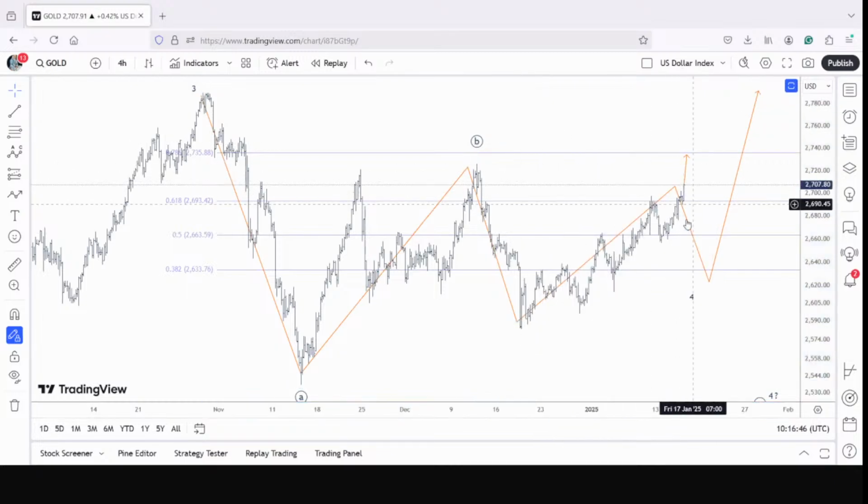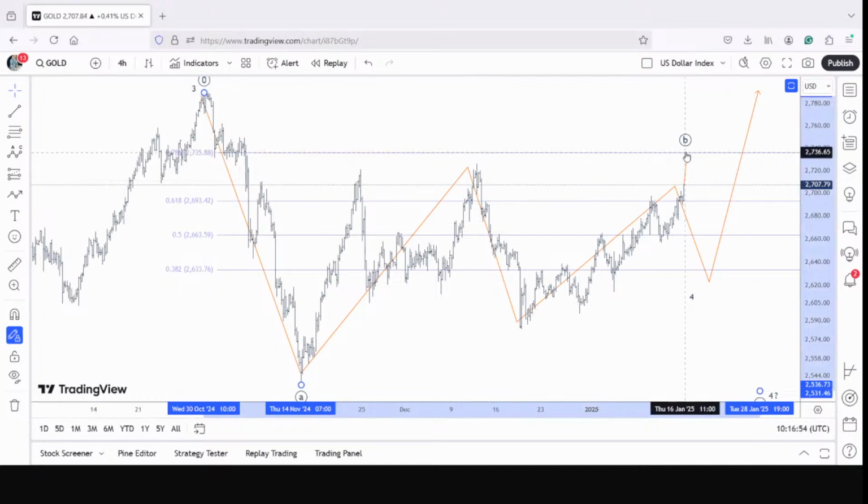So what I was saying was, if it pushes through the 2730 mark, then minute B would be labeled here. And in that case, it won't be the expected triangle anymore. It would be straight wave C at the minute degree.